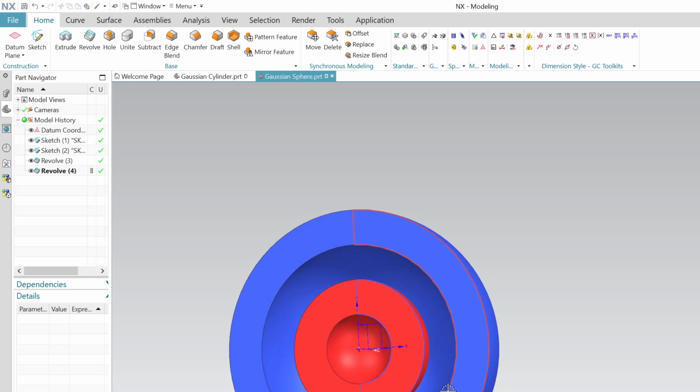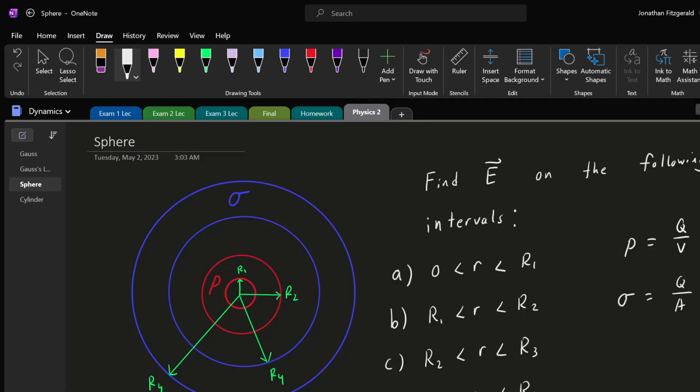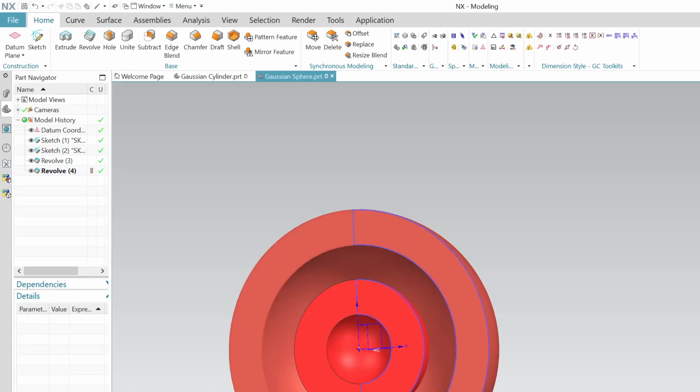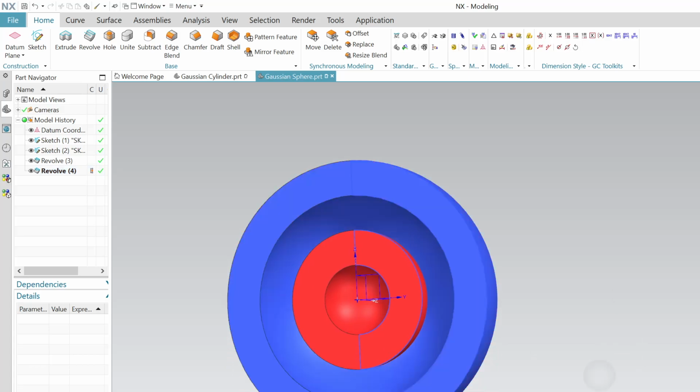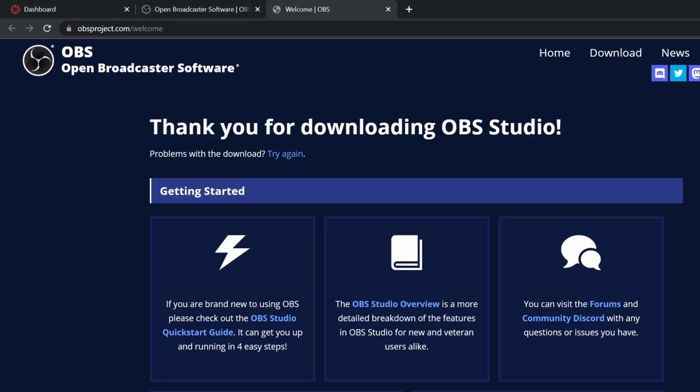And then over here, that's supposed to be R3. Okay, so then our R3 to R4, we are inside the conductor.